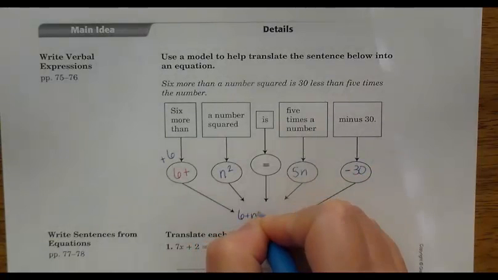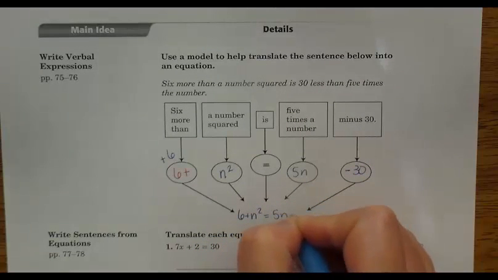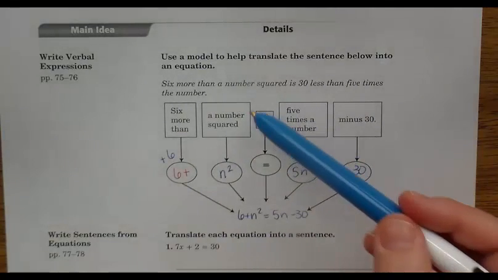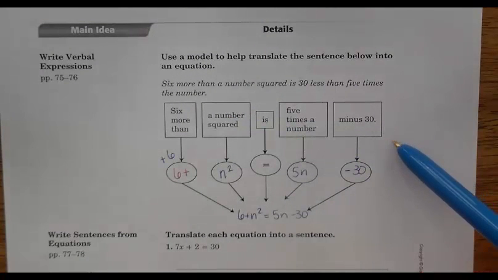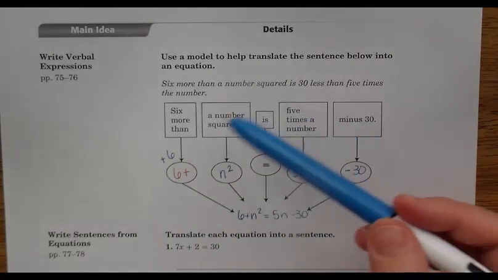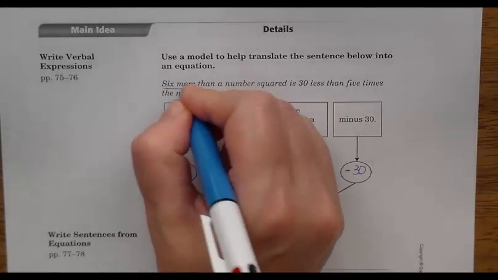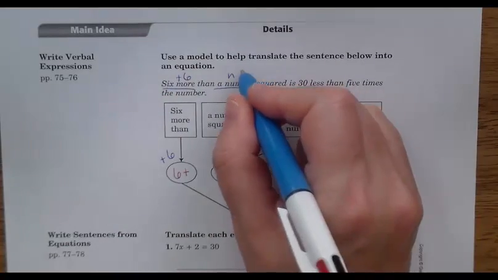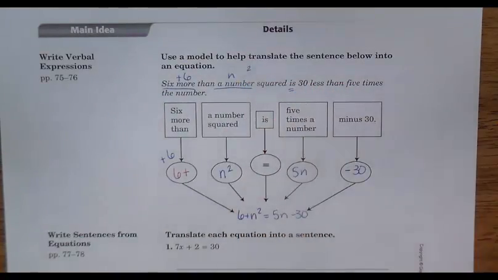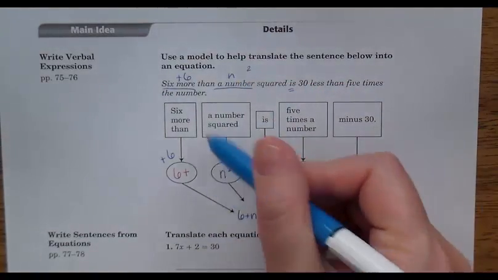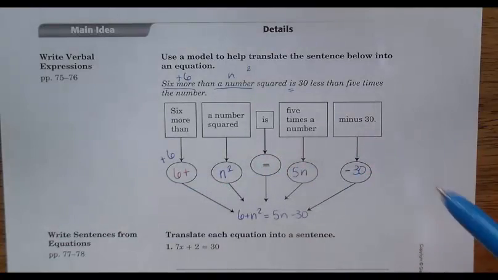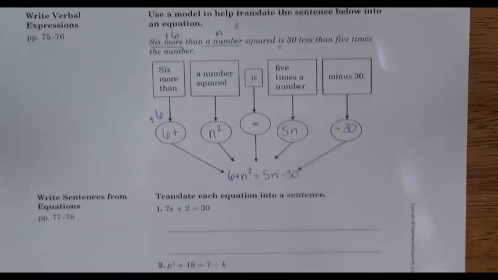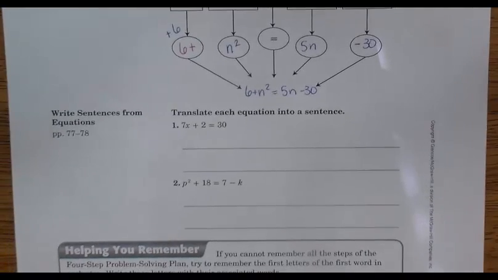So 6 plus n squared equals 5n minus 30. And this is very similar to the technique I was using in the video where I was writing, kind of underneath it or on top of it. So same idea, and if this, like bubbling it off, helps, then by all means please use this technique, whatever works.